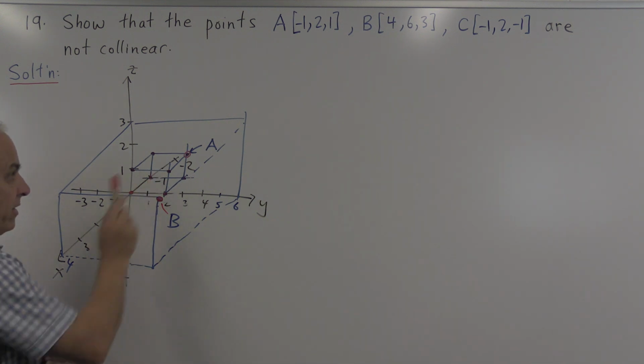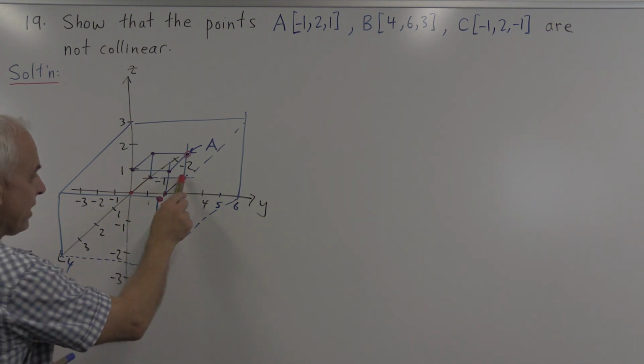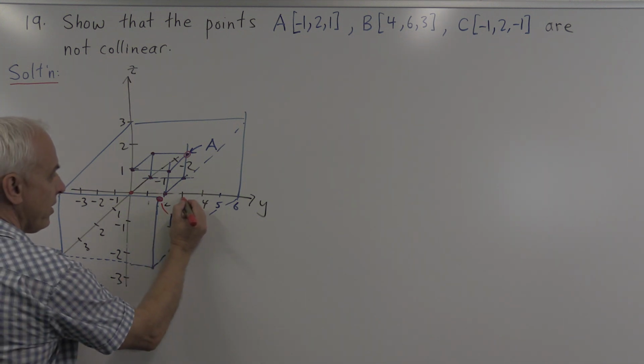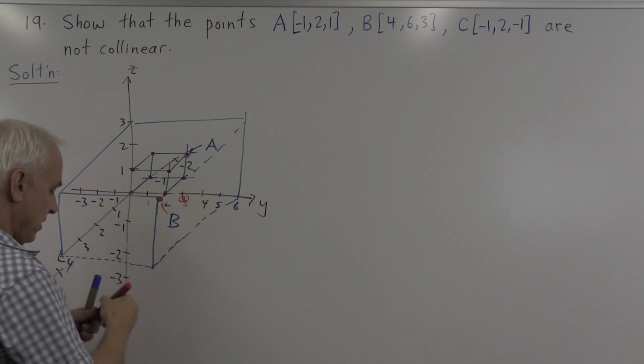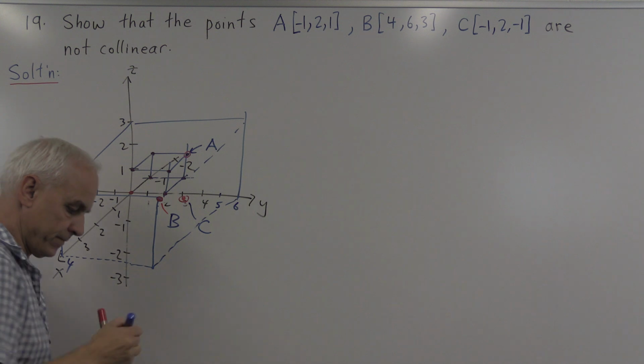So that would be -1 in that direction, and then 2, and now -1. Well, you can see that that's going to be somewhere over here. So the point C is going to be represented by a point there.